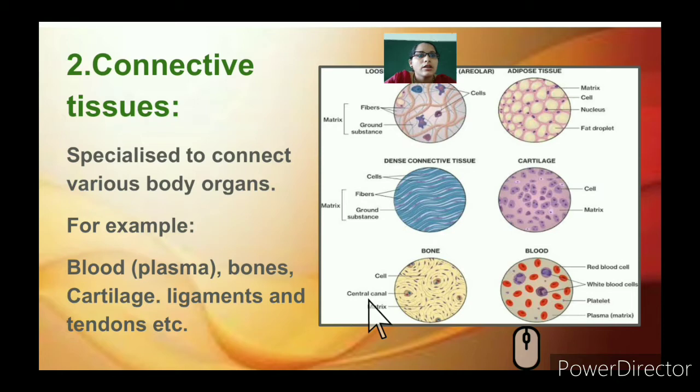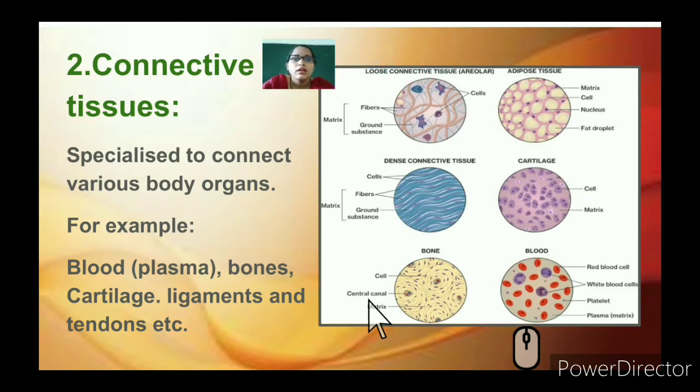The next major type of animal tissue is the connective tissue. So what are connective tissues? As the name suggests, they connect various body organs.